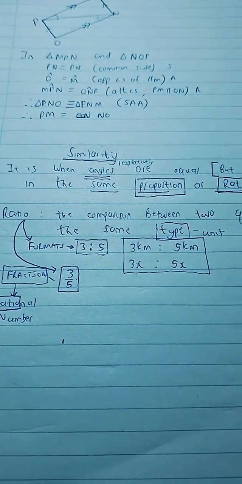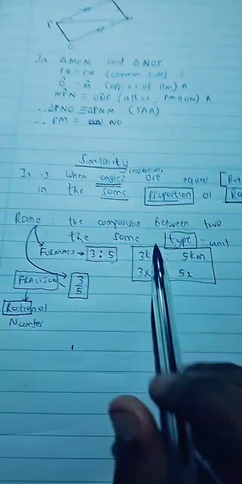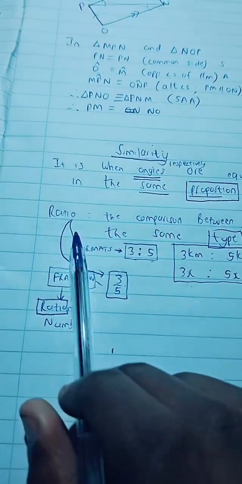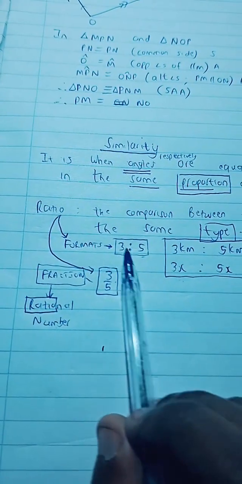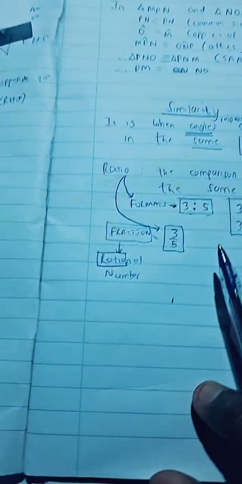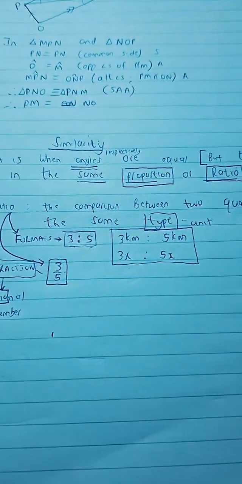When we are comparing different types, then we are talking about rate, not ratio. So this is ratio. And there are two formats in which a ratio can be represented. It can either be written in this way, or you can write it as a fraction. Now, let's move. Hey, you are moving with me. So the concept must be grasped.